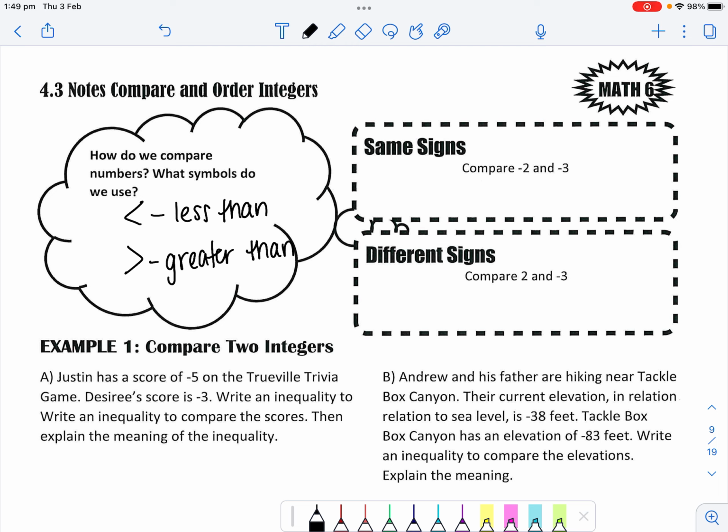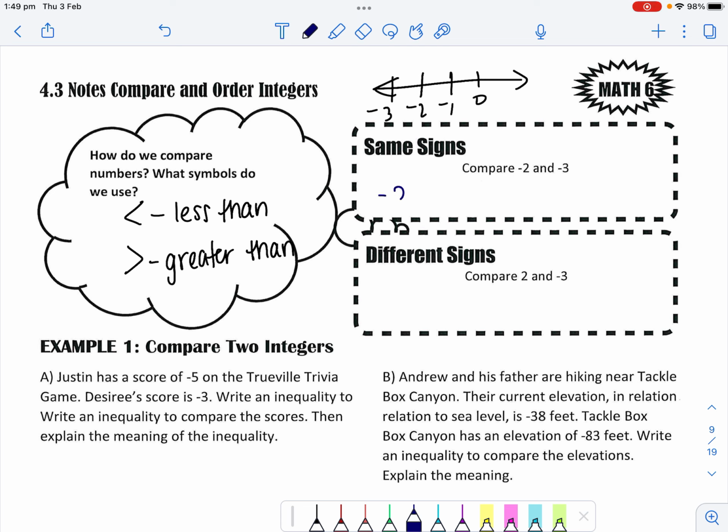The first thing we're going to talk about is comparing numbers with the same sign and then comparing numbers with different signs. When two numbers have the same sign, so this -2 and -3, I'm going to draw a number line up here. So here's 0, -1, -2, -3. And what I want you to see about the -2 and the -3 is that while they are next to each other, -3 is further away from 0.